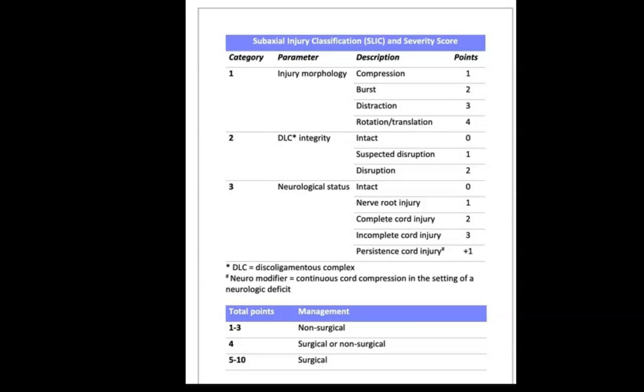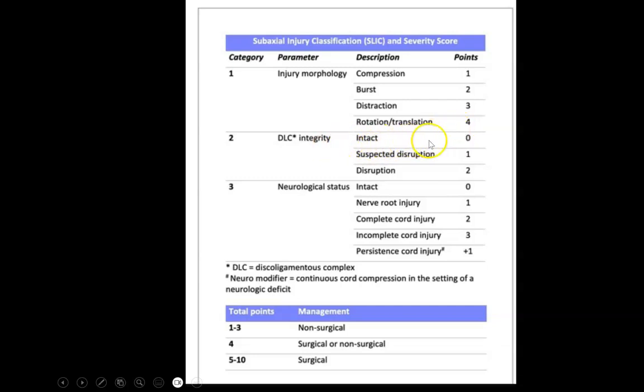SLIS classification, subaxial injury classification, and severity scale. So again, bony, posterior ligamentous, neurological status. 1, 2, 3, 4.